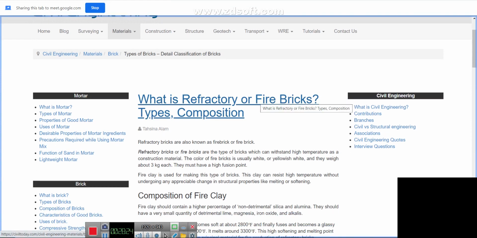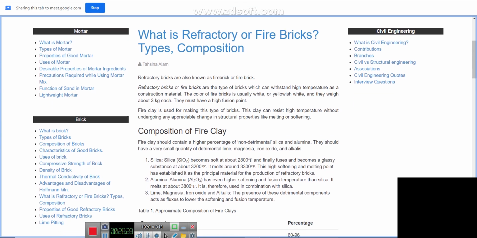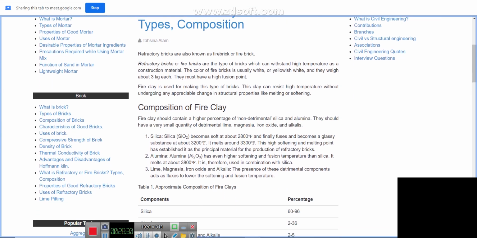So to make the refractory brick or fire brick, you will be using a special kind of clay known as the fire clay. And this fire clay is having the peculiar characteristic of resisting high temperature. At high temperature, this fire clay will not melt or it will not be softened. So as it is not being melted or softened, there won't be any appreciable change in its structural properties.